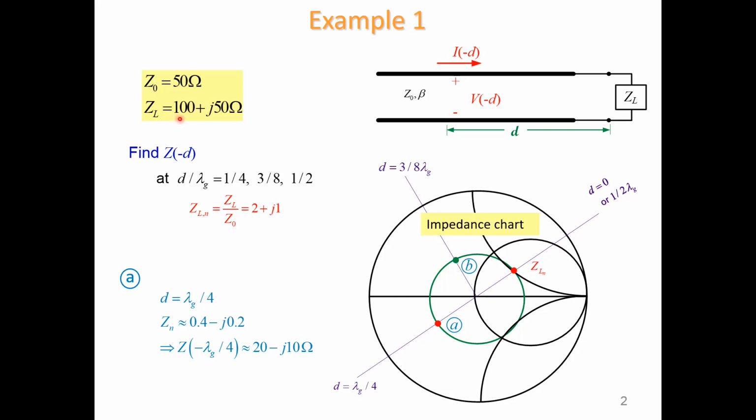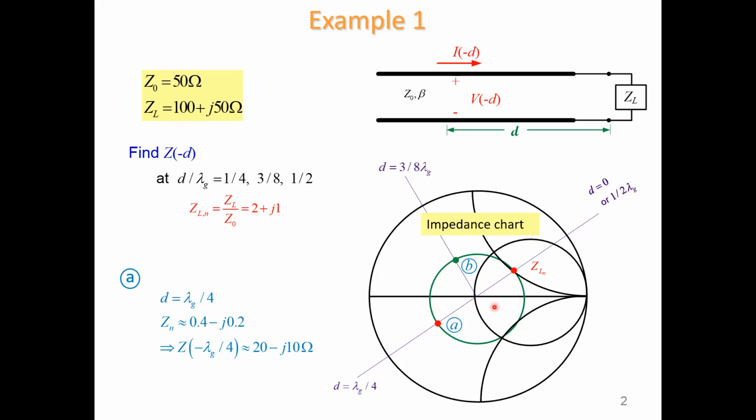The value would be 2 plus j1. That is your normalized value of the load.